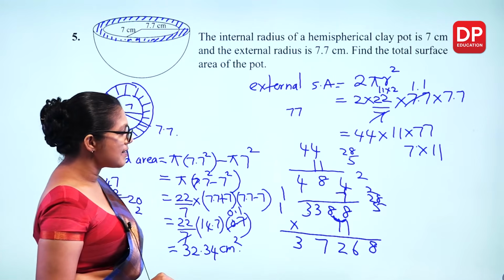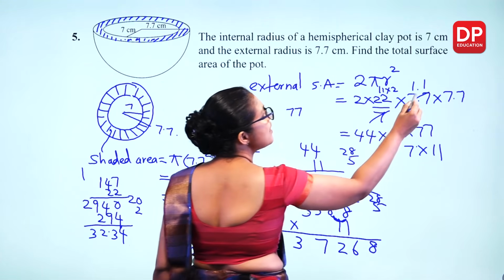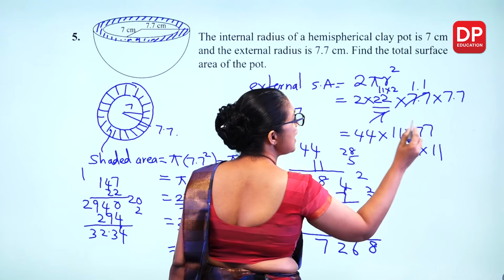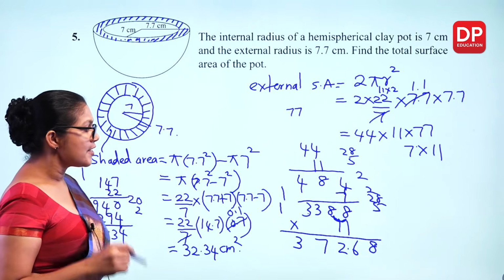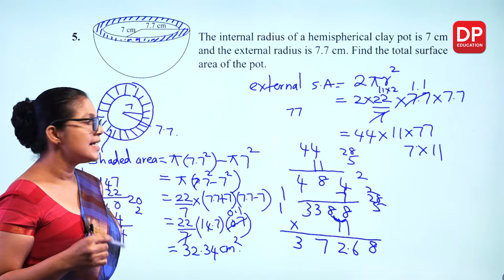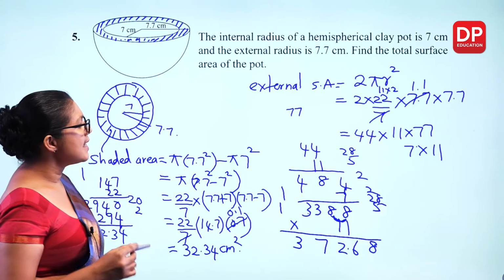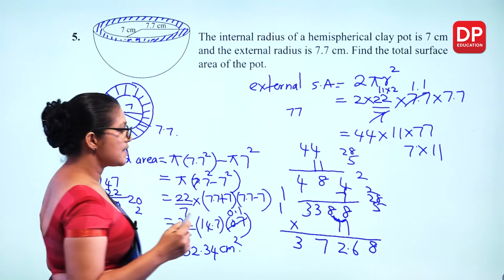So you get this number, but there are 2 decimal places we have to keep. So the answer is 372.68. That's the external surface area.